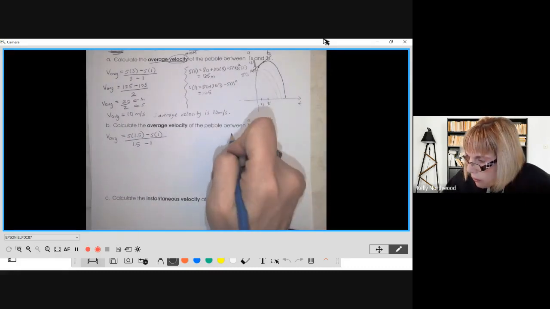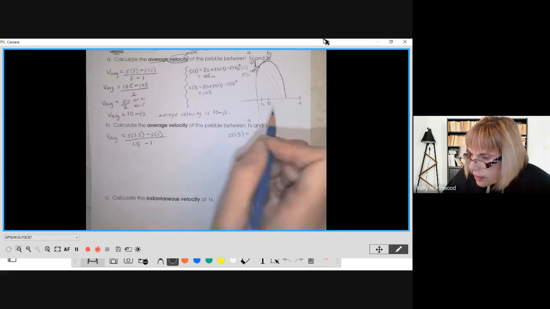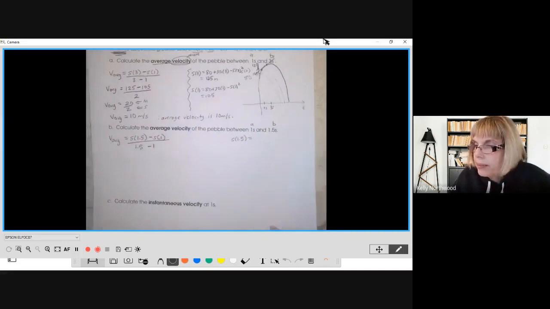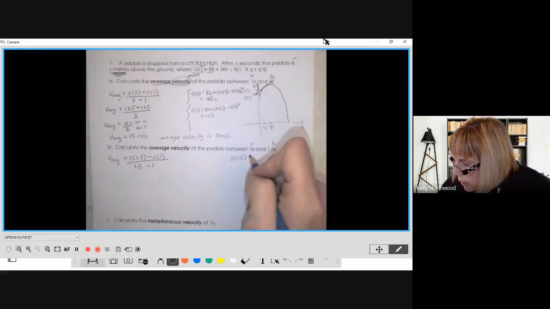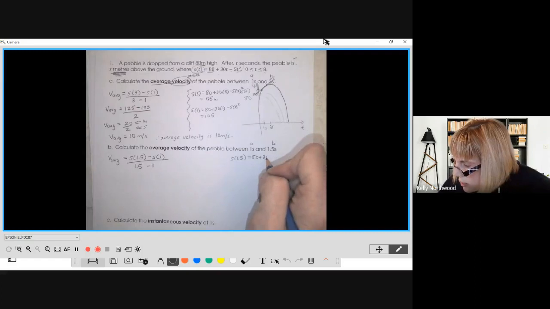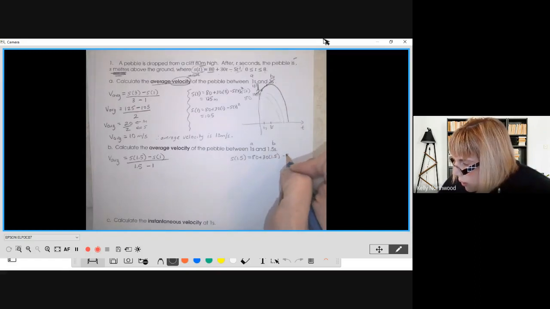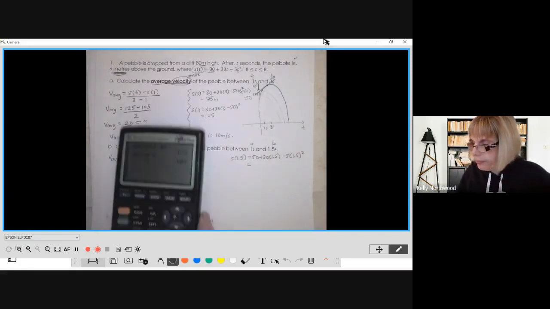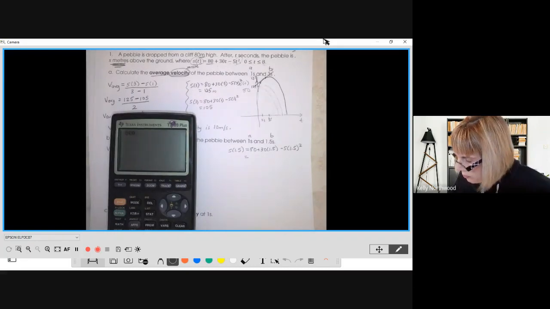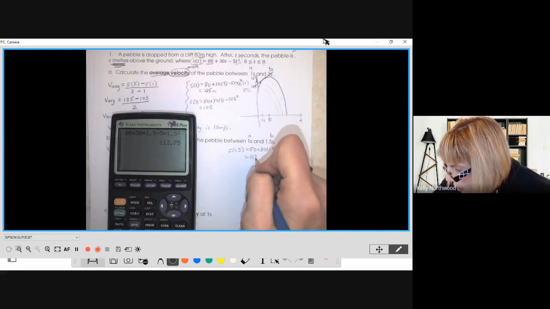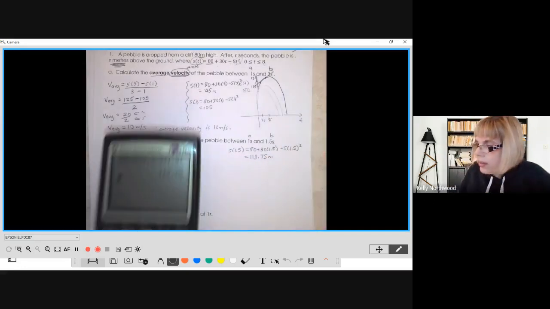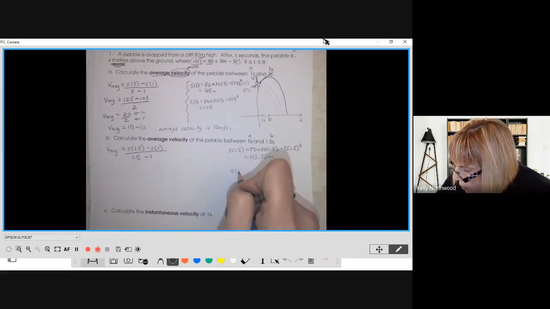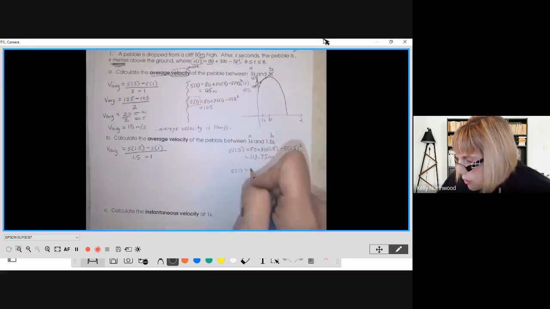And we have to find S at 1.5 using our defining equation up here. So S at 1.5 is going to be 80 plus 30 times 1.5 minus 5 times 1.5 squared, which gives me 113.75 meters. And we already know S at 1 from up here is 105 meters.